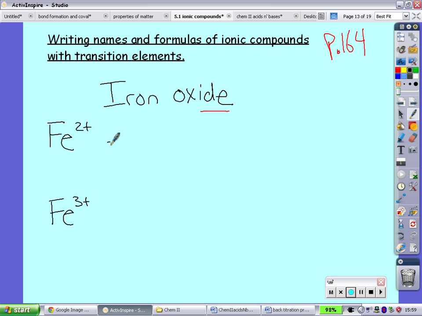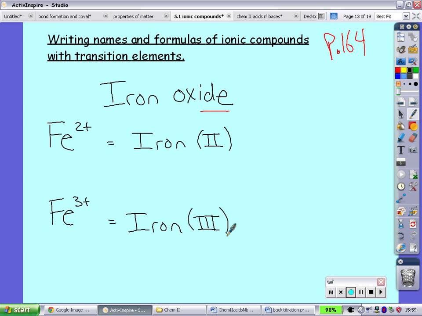When we write them out, we would say iron and then write a Roman numeral 2, and this one would be iron Roman numeral 3. The Roman numeral is the same as the charge of the metal cation.